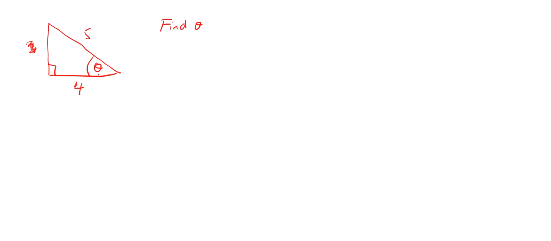So the first thing we need to do is figure out which trigonometric ratio we are using, because it's a right angle triangle. We have this side here, which is the hypotenuse. Now the side opposite the angle is called opposite. So we don't have opposite, right?